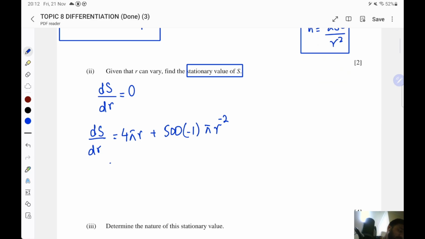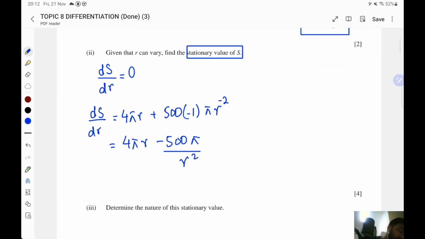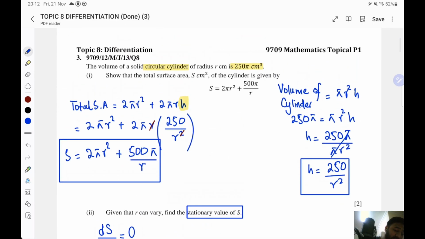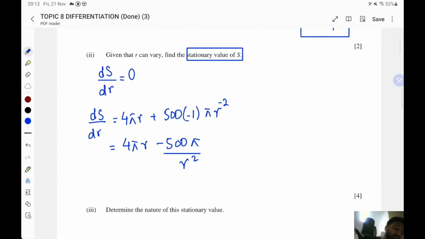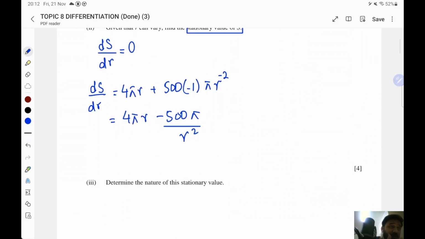Yes, we need to find the value of r first, so that we can find the stationary value of S. First of all, let's see where the graph is changing direction. For that, we will put dS over dr equal to 0. So 0 equals 4 pi r minus 500 pi divided by r squared.